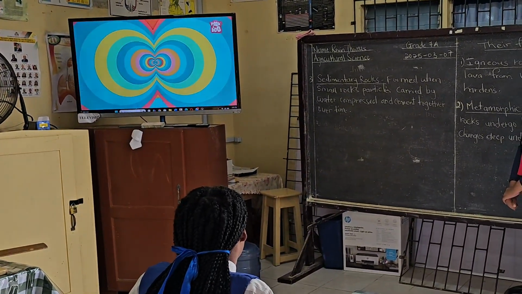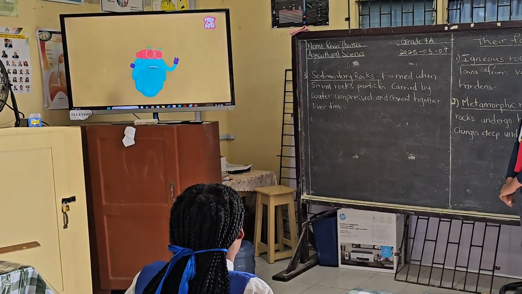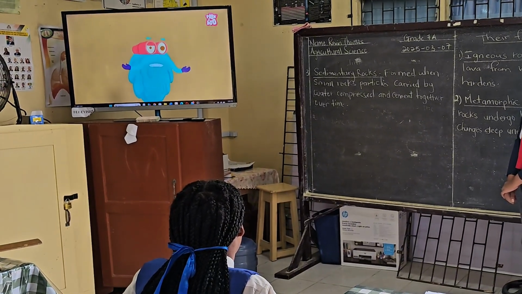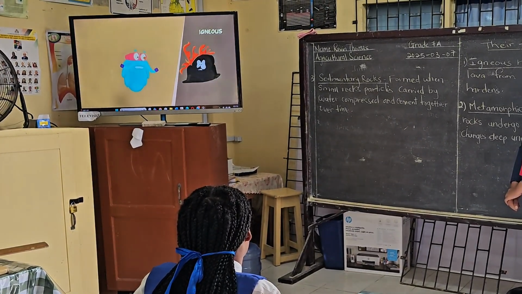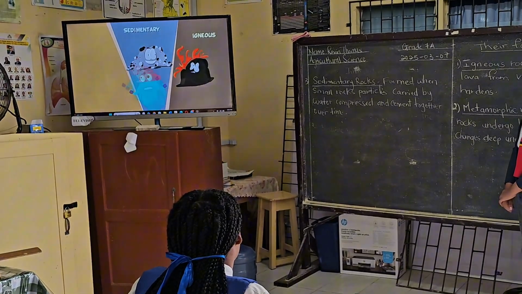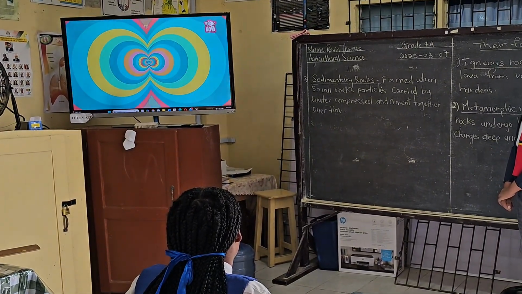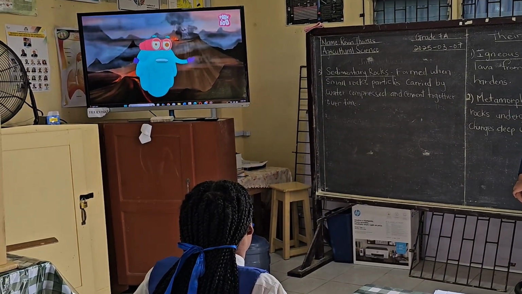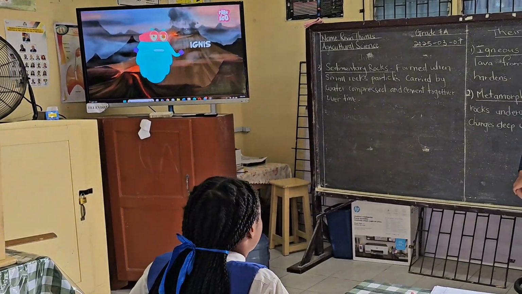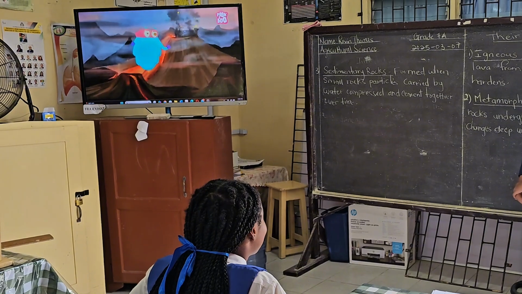Zoom in! There are three major types of rocks based on their formation, and they are igneous rocks, sedimentary rocks, and metamorphic rocks. Igneous rocks. The name igneous is derived from the Latin word ignis, which means fire.